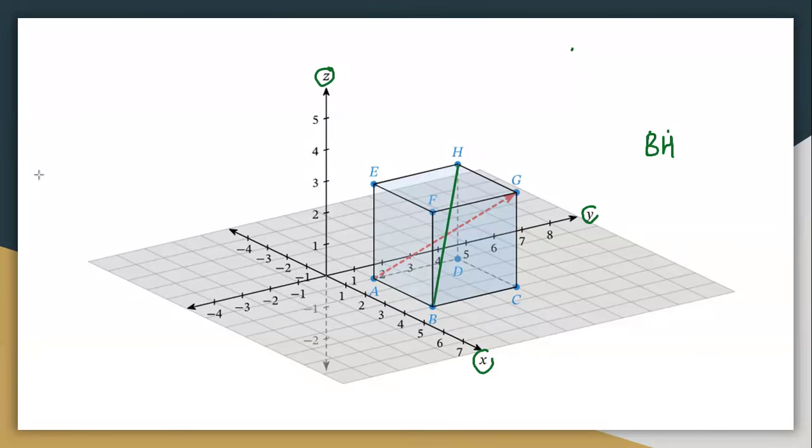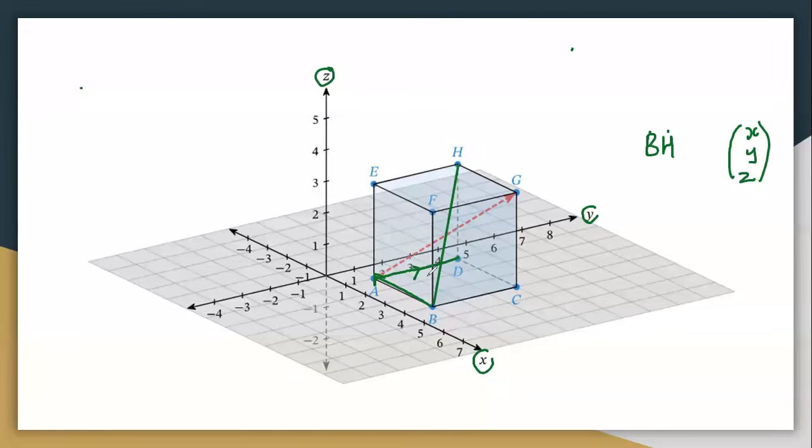Then the next question you always ask, how can I move along X, along Y, and along Z for me to reach H? So first move along the X, like this. When you reach here, you ask yourself, how can I reach H? Then you move like this.